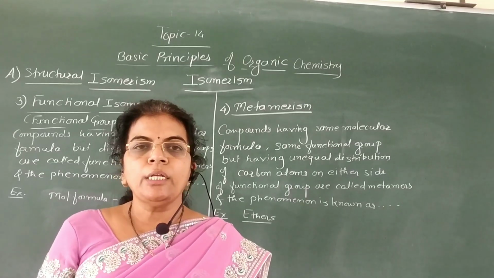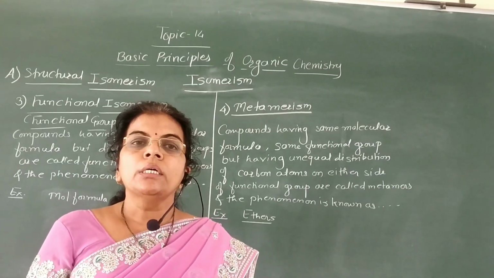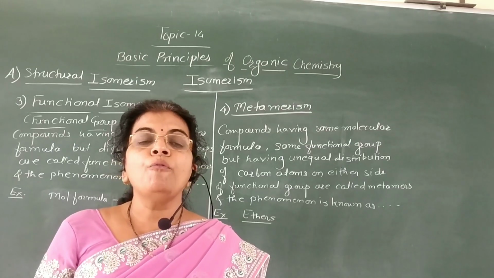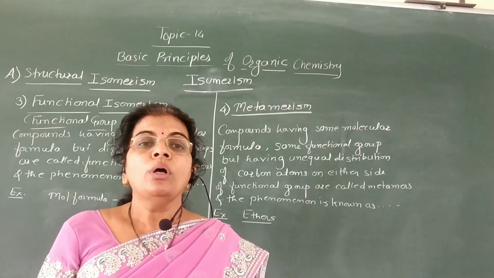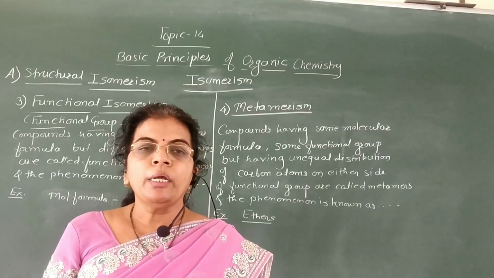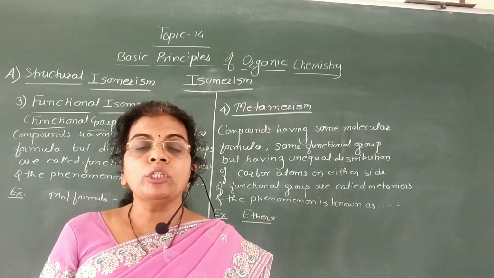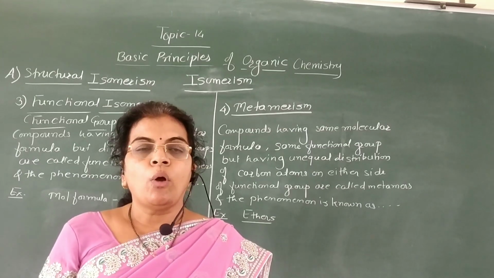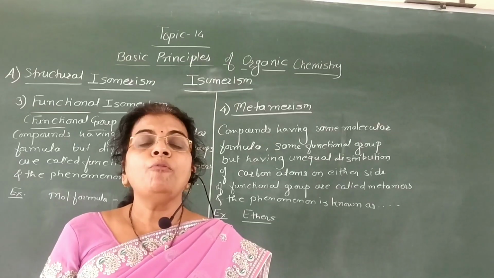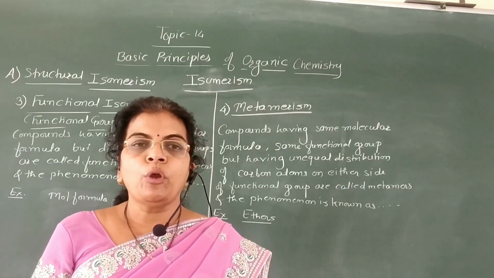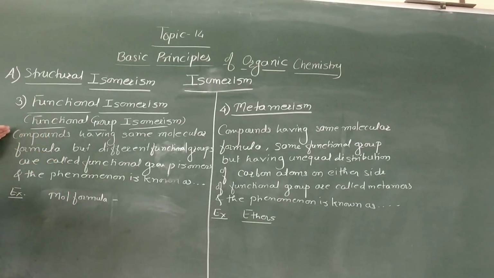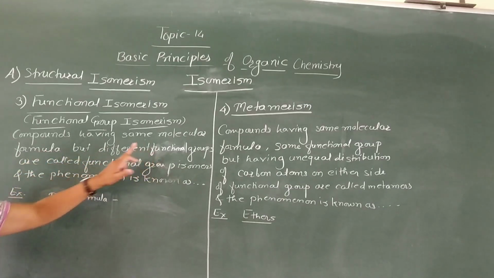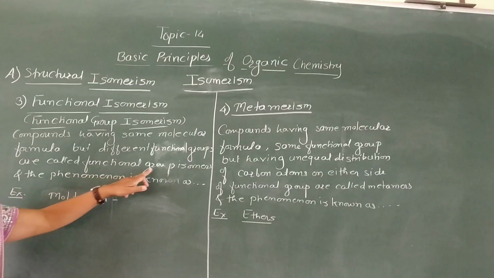The next type of structural isomerism we are going to see is functional isomerism or functional group isomerism. In this, compounds have the same molecular formula but different functional groups, and are called functional isomers or functional group isomers, and the phenomenon is known as functional group isomerism.